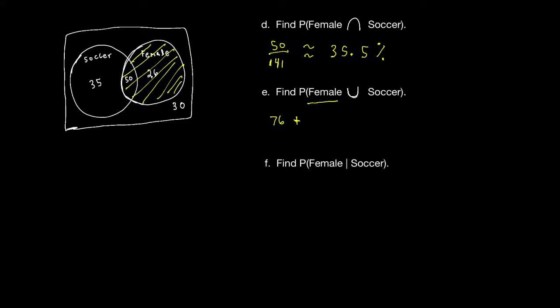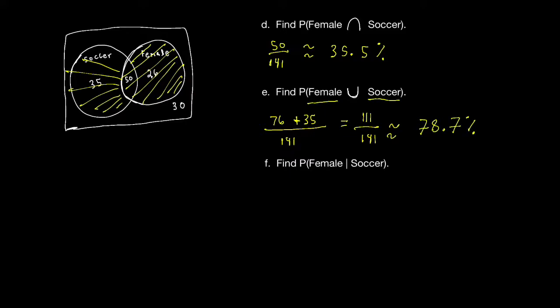And now we're going to add the people inside of soccer. So now we're going to have to add these remaining 35. So 76 plus 35, that's the number of possibilities. We have to divide that by the sample space of 141. So here 76 plus 35, we're going to get 111 over 141, and here I'm going to get an approximation of 78.7%.